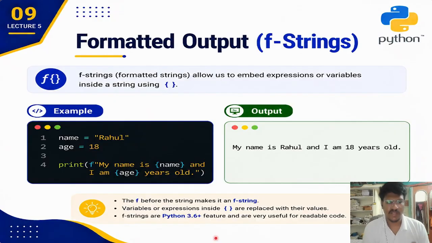Prefix with f and use curly braces, embedding variables and expressions. Use formatting specifiers like .2f to control numerical output. They make code clean, fast, and readable. Now let's tie everything together by making our program more interactive.